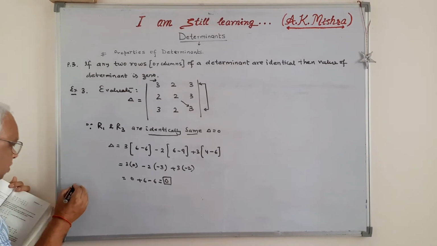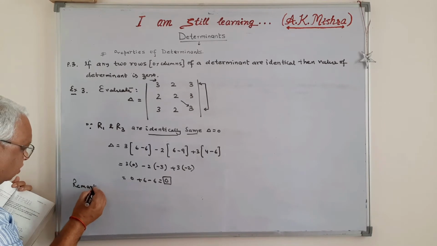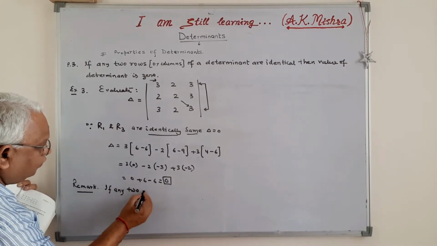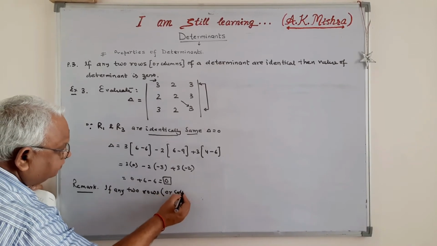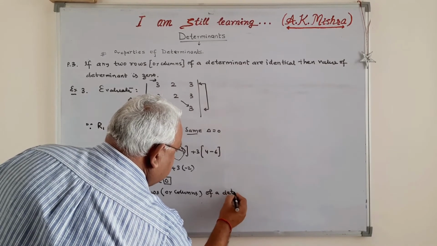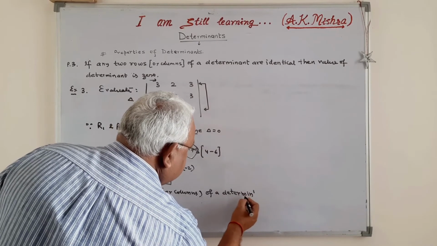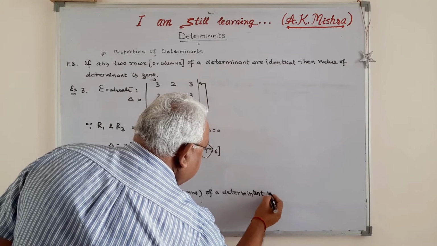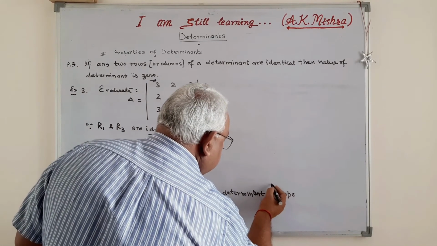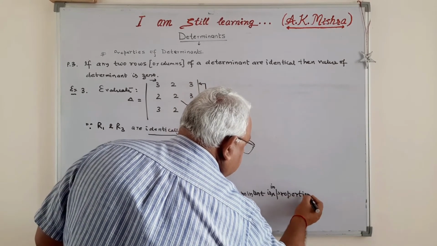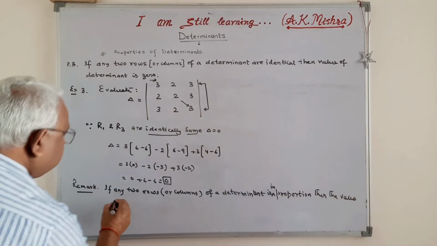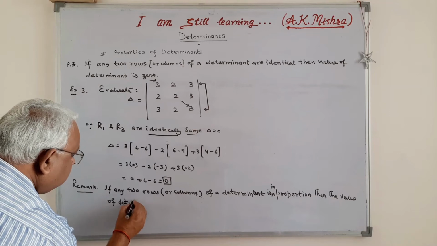Remark says, if any two rows or columns of a determinant are proportional, in proportion, then the value of determinant is 0.